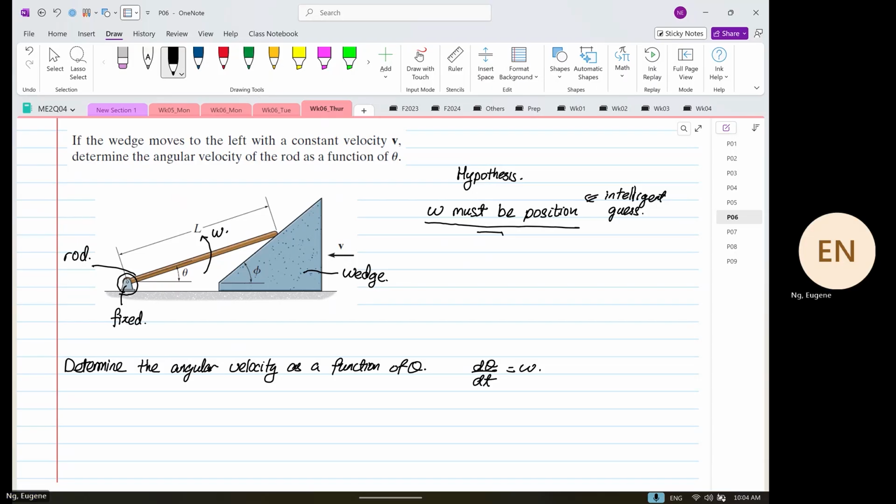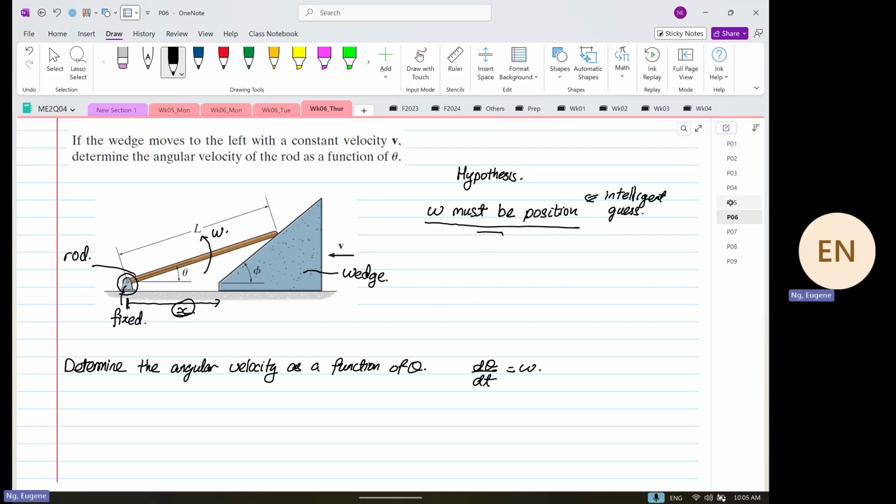Now again, this point is fixed, and we know that this direction is our variable x. If you look at all the problems that we have, a fixed point and a distance x, I want you to do pattern recognition.